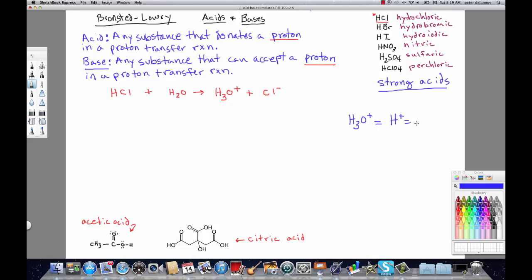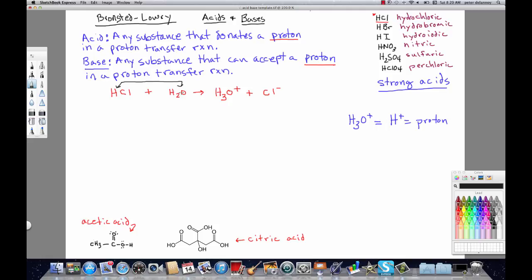What's happened when you take an acid and dissolve it into water is that the hydrogen that I showed with a red asterisk next to it has actually been donated to the water molecule. So this hydrogen that I'm drawing an arrow to here is donated to water.